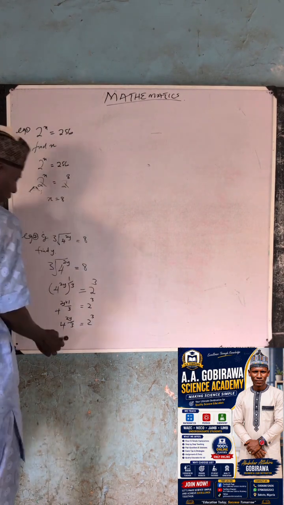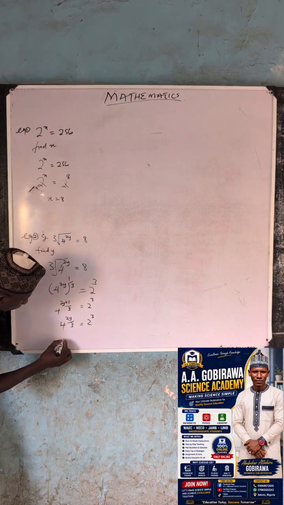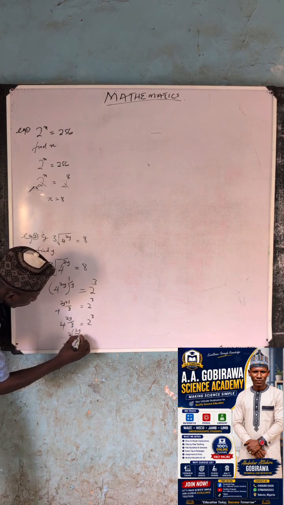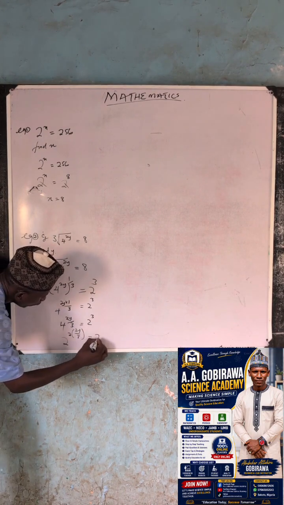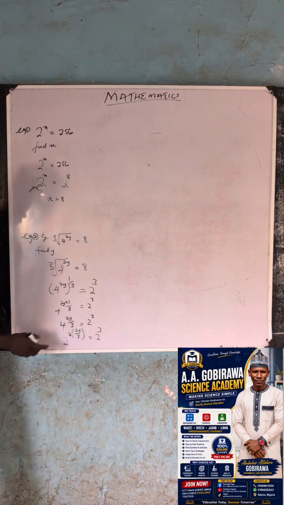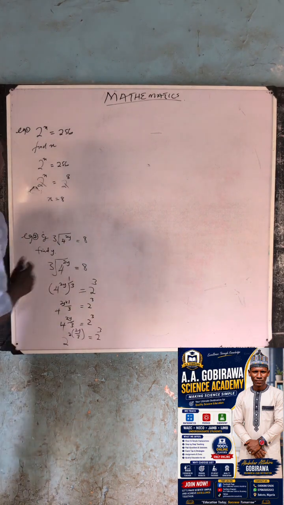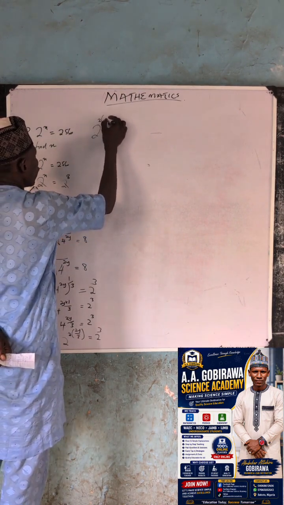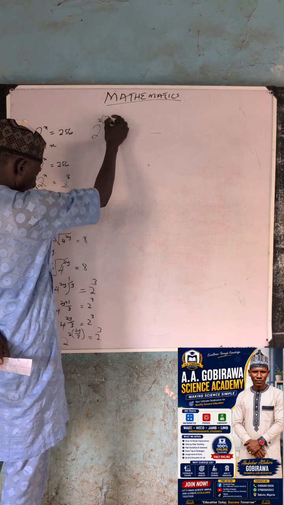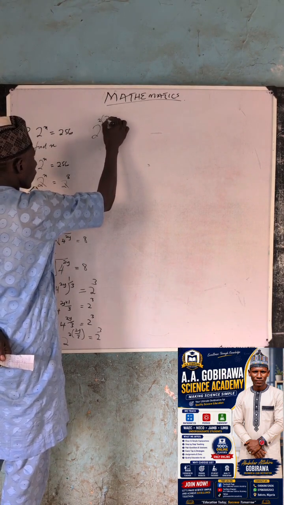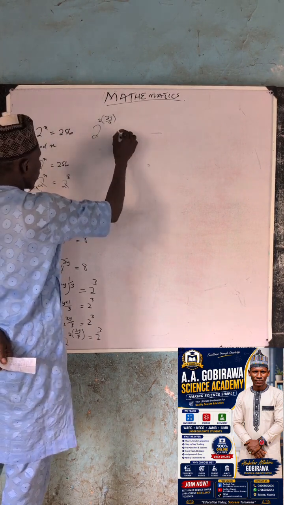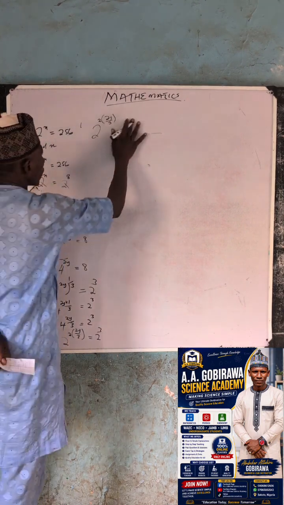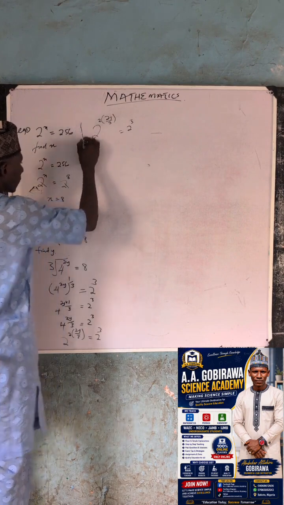So mun san from here 4 din mu za ta zama muna what? 2 power 2 into 2y all over 3 is equal to 2 power 3. Yanzu kun ga kuma muna what? Indices ko? Therefore muna da 2 power 2 into 2y all over 3 then is equal to what? 2 power 3, ko ba haka ba?